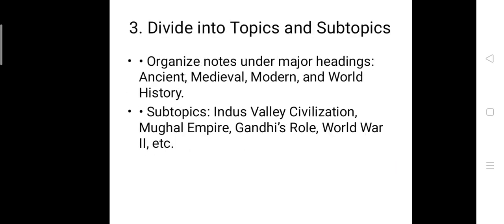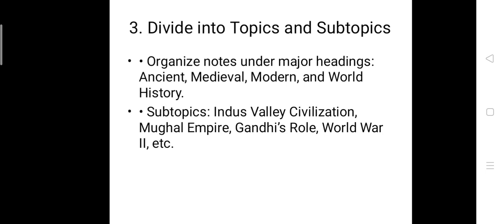Third is to divide into topics and subtopics. Organize the notes under major headings: ancient, medieval, modern, and world history. You can divide them into subtopics also: Indus Valley Civilization, Mughal Empire, Gandhi era, World War II, and so on.